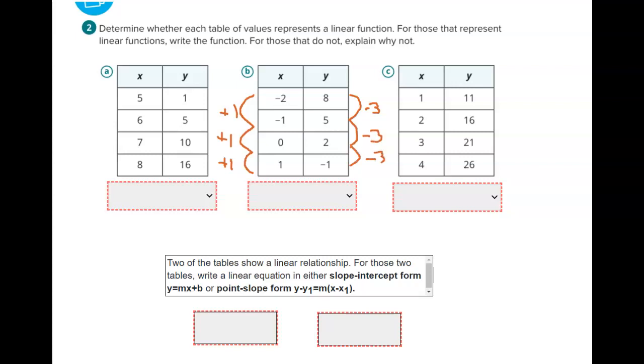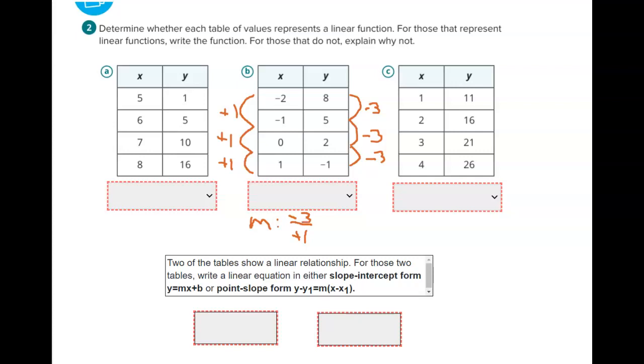So if you were going to express this as a slope, you could say that vertical change over horizontal change, right? So every time that our x, or our input, increases by 1, our output, or our y, decreases by 3.